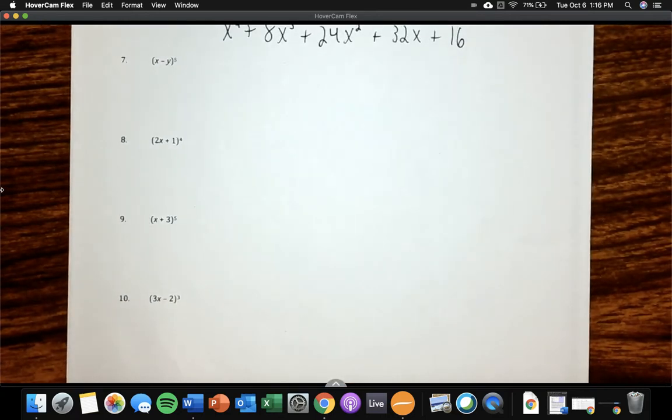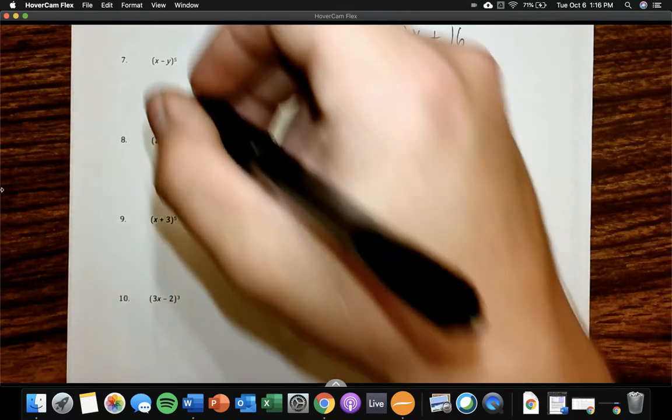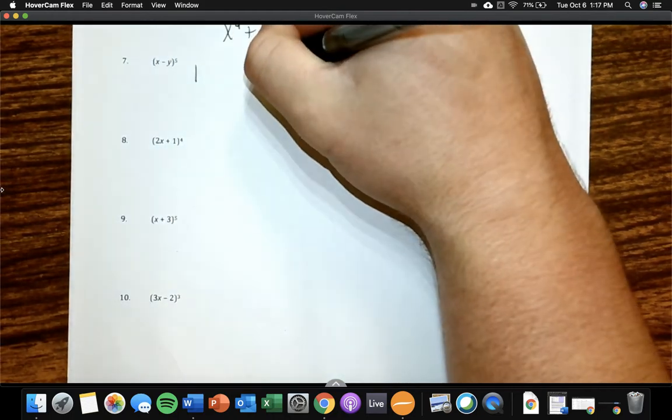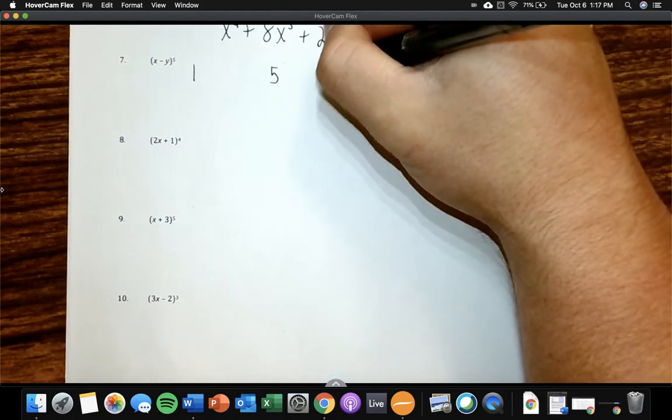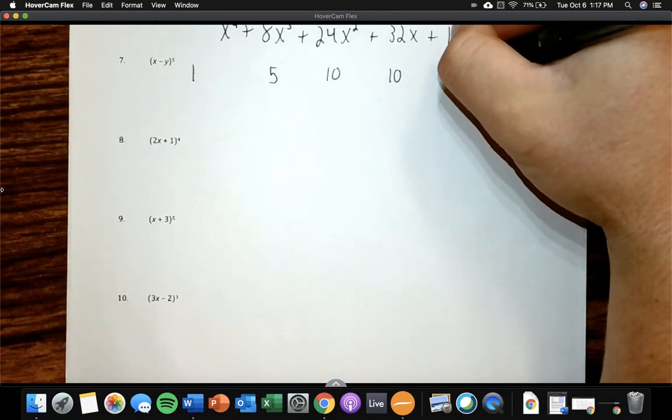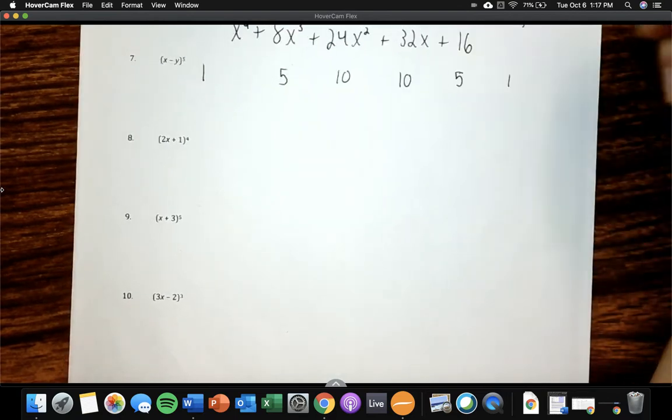We're going to go to the 5th row, or really it's the 6th one, but we're going to go down to where we see that a plus b raised to the 5th power, and we can see my coefficients are going to have to be 1, 5, 10, 10, 5, and 1.